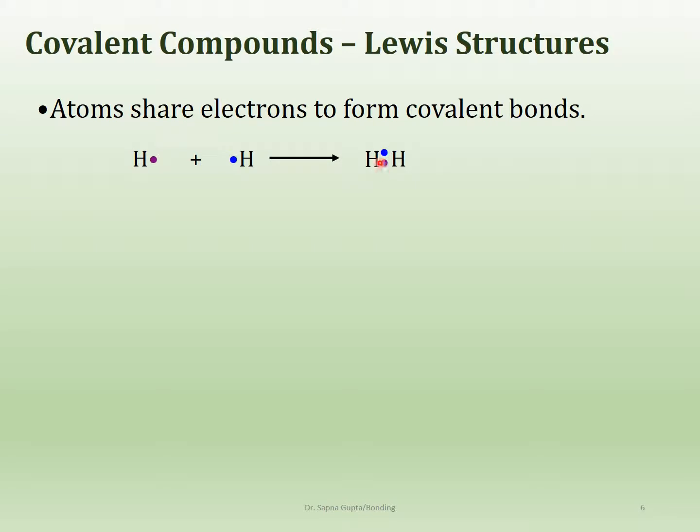So at any point, if we look at just this hydrogen and count the number of electrons, it will be 2. And then if you look at this hydrogen, it should be 2. Okay, and so this is how they share electrons, and this is called equal sharing of electrons.